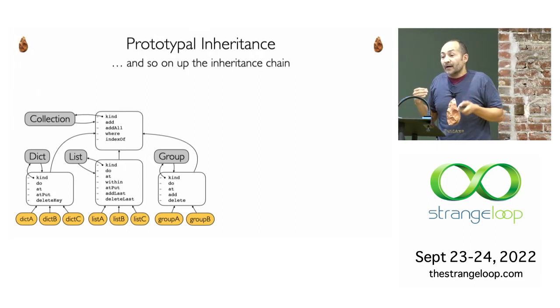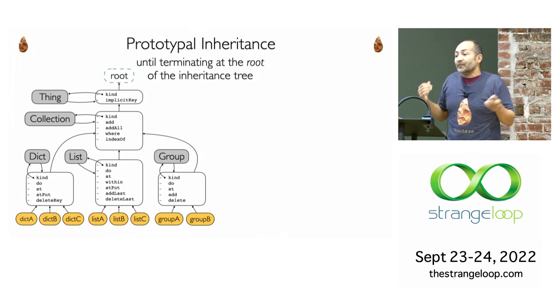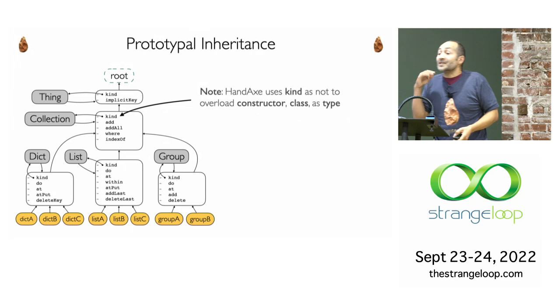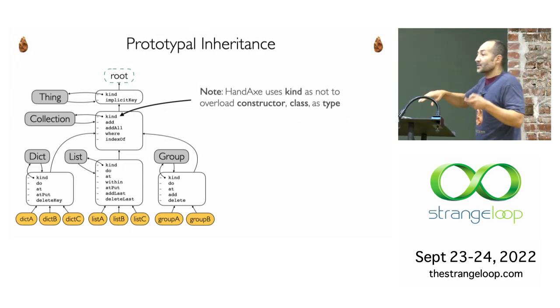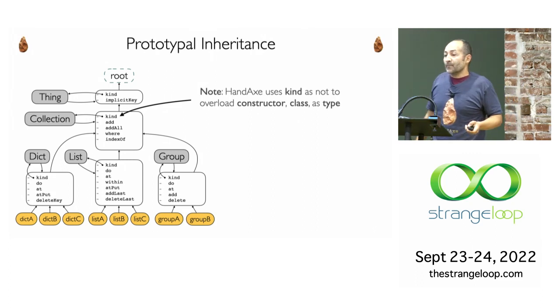So lists and dictionaries and groups inherit from collection, and then they inherit from thing, and finally get to a root at the top. Again, I like to use kind instead of constructor or type or class because they're all so dang overloaded. What does it mean? It's like multimedia now.